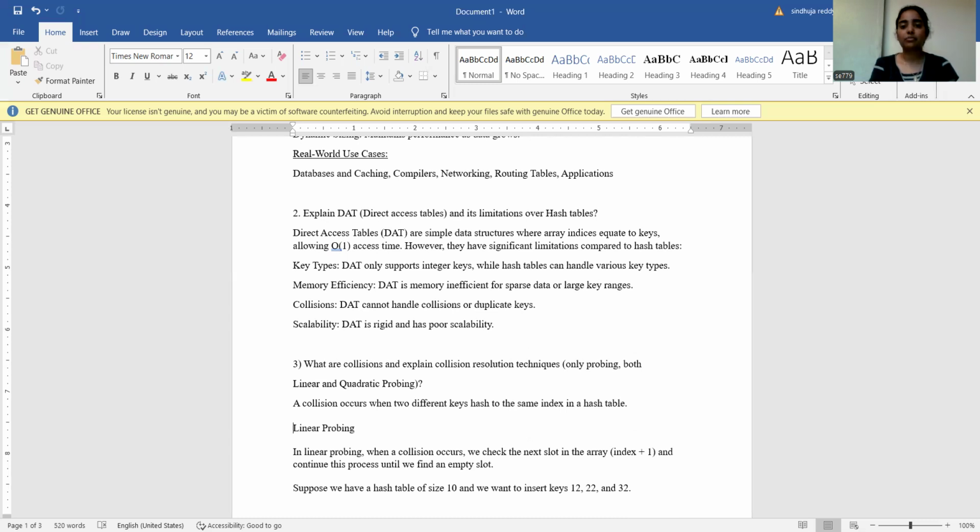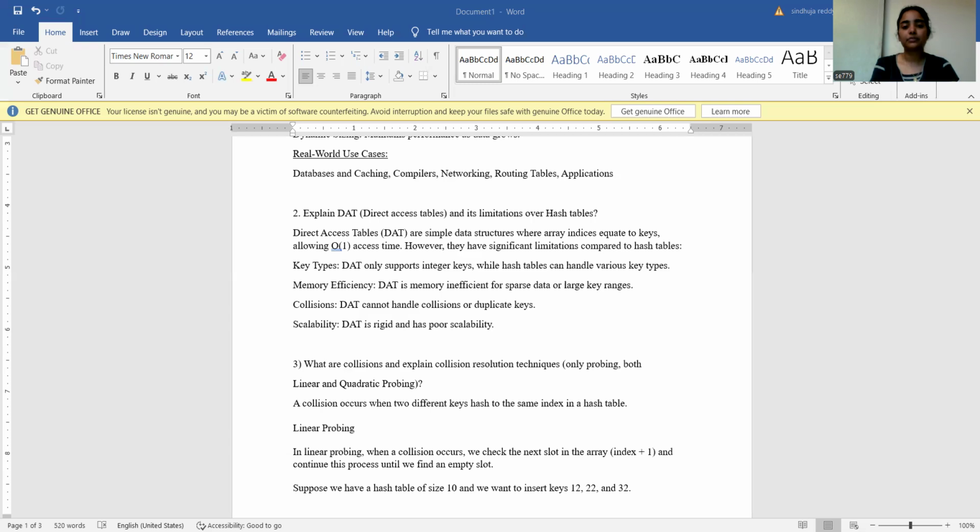The limitations are integer keys, collisions, and scalability, which are significant compared with hash tables.